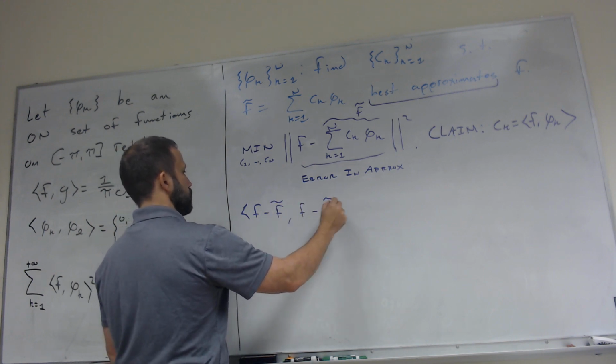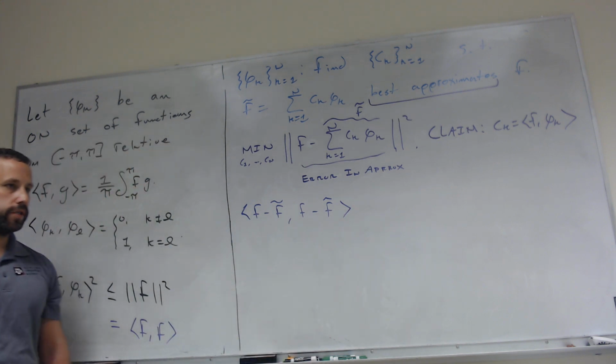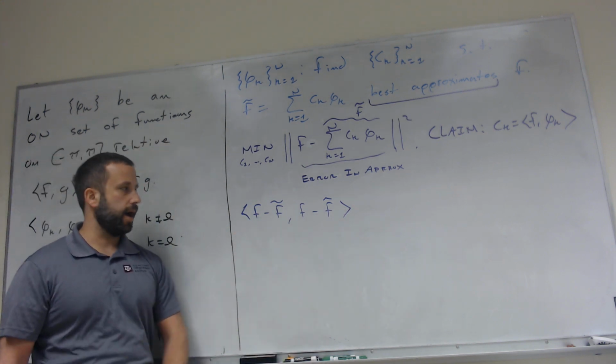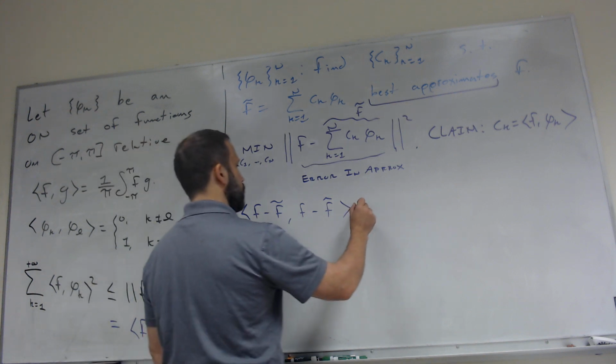So if I do this, it's the inner product of f minus f tilde and f minus f tilde. Okay, so now I'm going to use the linearity in each part of this to write this out as the following.